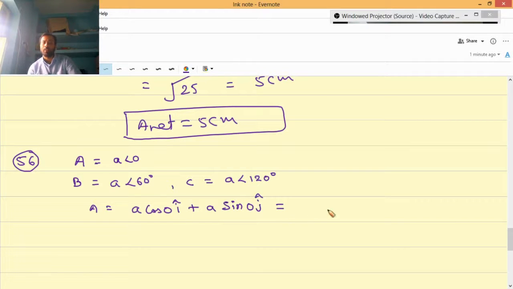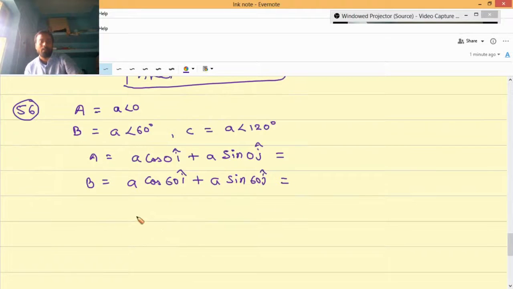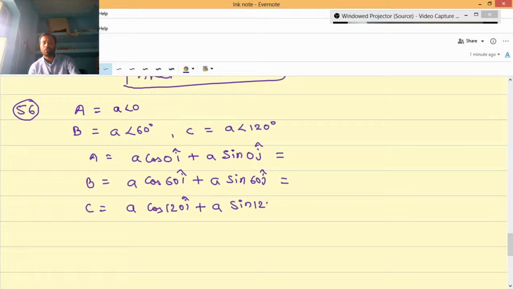For the B part, it will be A cos 60 degrees i cap plus A sin 60 degrees j cap, and I will solve each section so that I can add. For the C part, I will write A cos 120 degrees i cap plus A sin 120 degrees j cap.